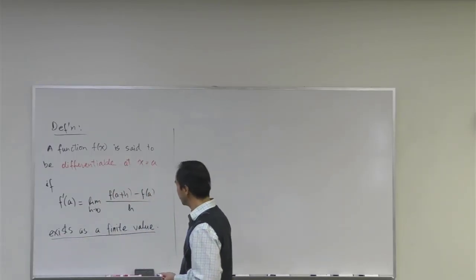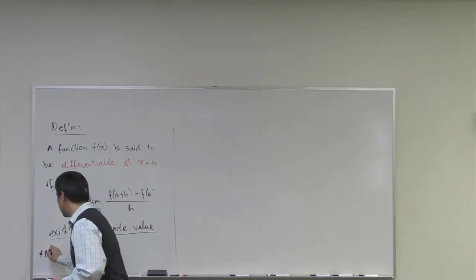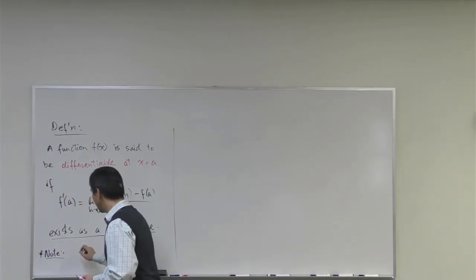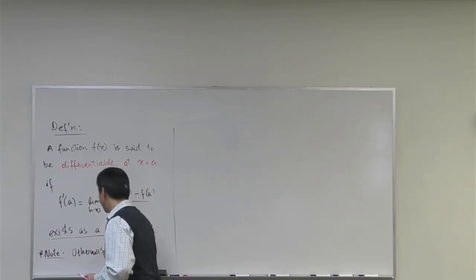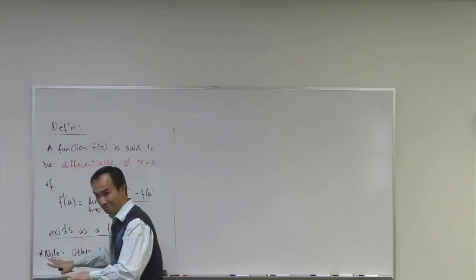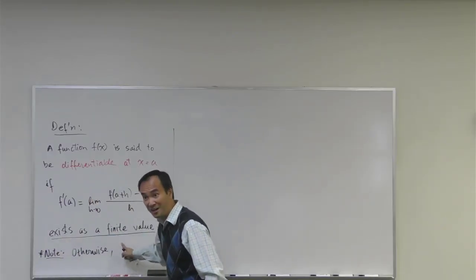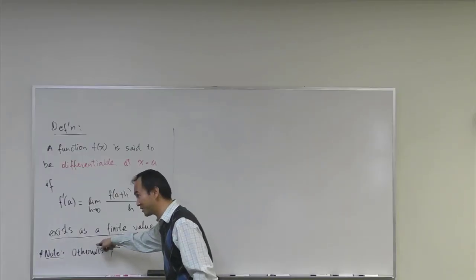So think about it on the other hand right here. Sort of like a special note here, right? I would say otherwise, meaning if that limit does not exist or anything else does not exist or without being a finite value, that's what I meant by otherwise.